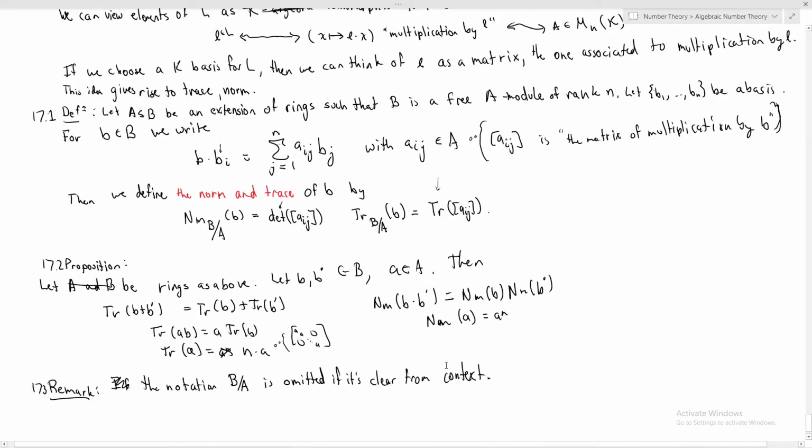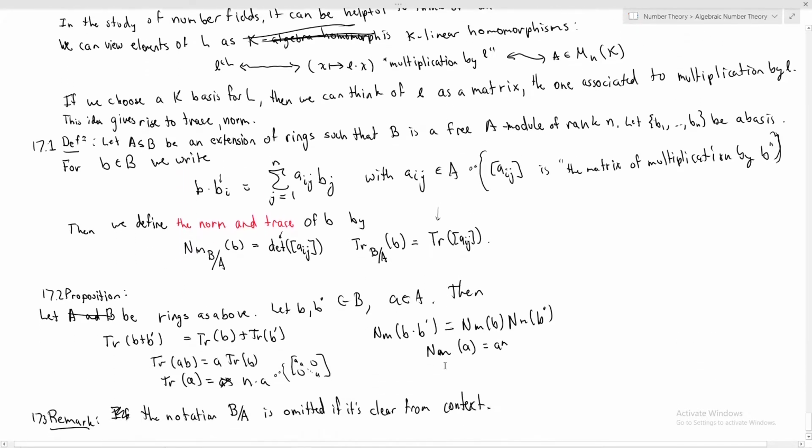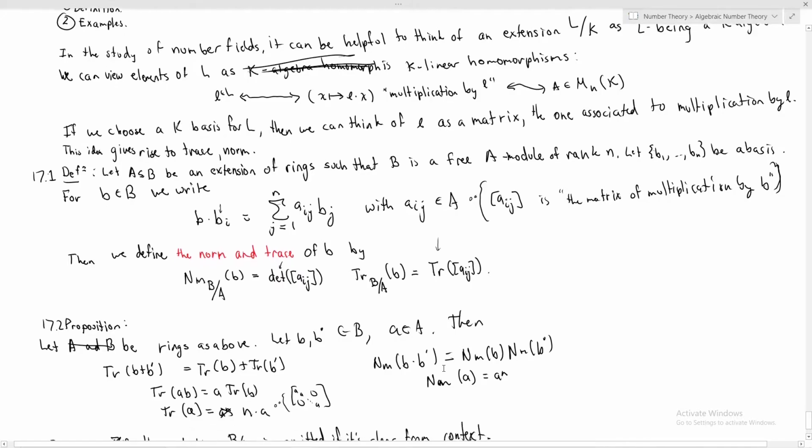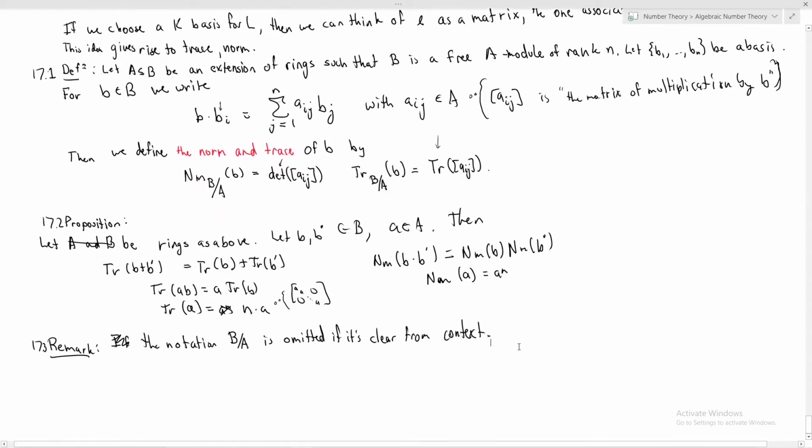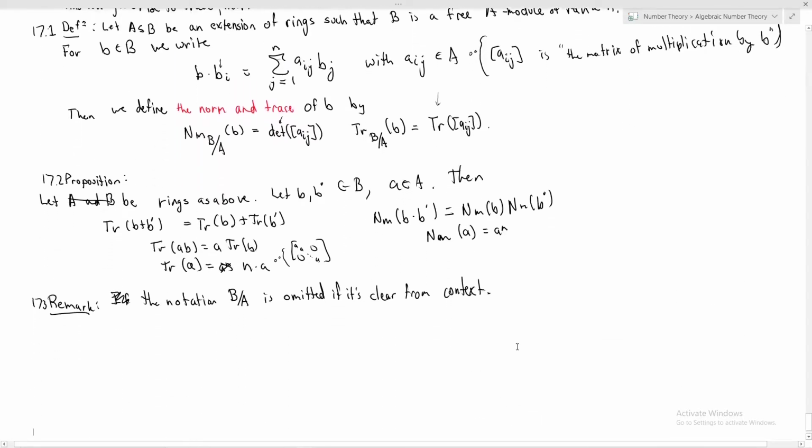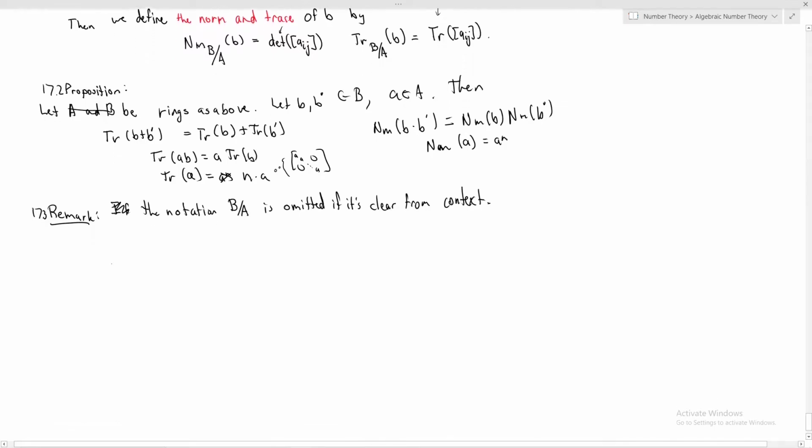Okay, so this is what the trace is, and I just want to end with a couple examples of norm and trace. So the two examples, I guess maybe first let's do a specific example. So this is 17.4.